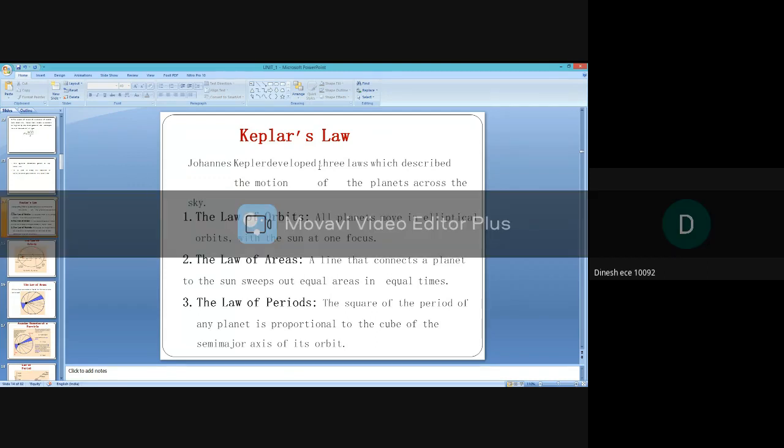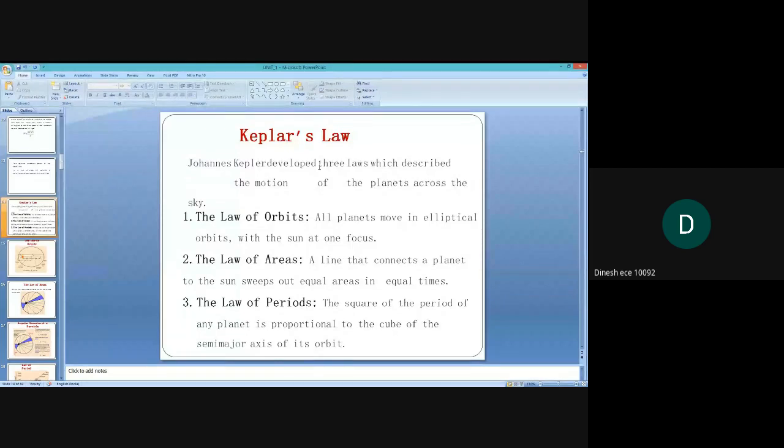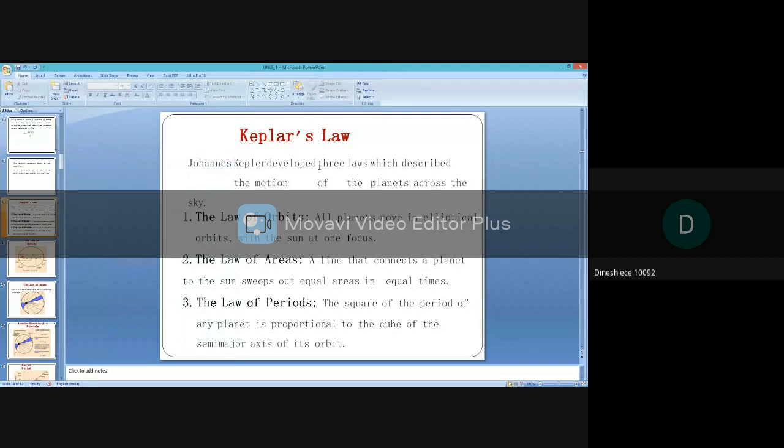For example, if the area covered from P1 to P2 takes 10 minutes, and after some duration P3 to P4 takes the same 10 minutes, both areas will be equal. The third is the law of periods: the square of the period of any planet is proportional to the cube of the semi-major axis of its orbit.